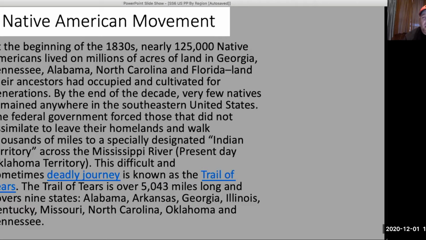What had happened is, as the United States began to expand, they wanted to claim these territories for southward expansion. So, in order to do that, they decided they had to move the Indians out of those areas. Okay, so they forced them to assimilate. In other words, they tried to get them to learn to be like the European colonists and things, right?